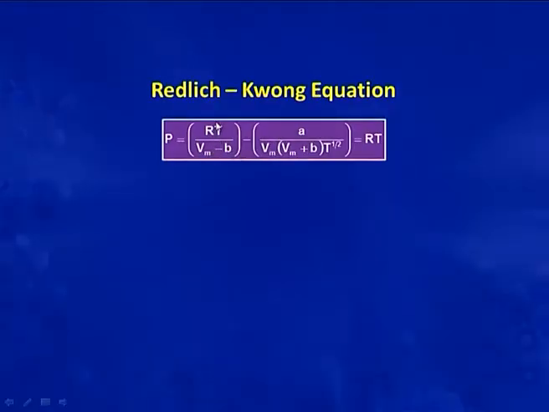Redlich-Kwong equation, that is P = RT/(Vm − b) − a/(Vm(Vm + b)T^(1/2)).